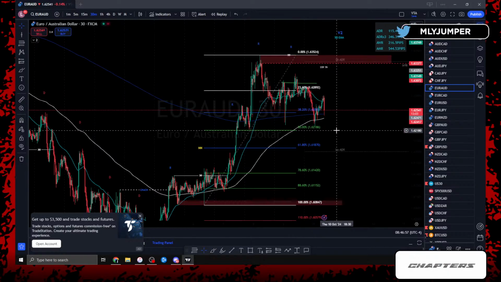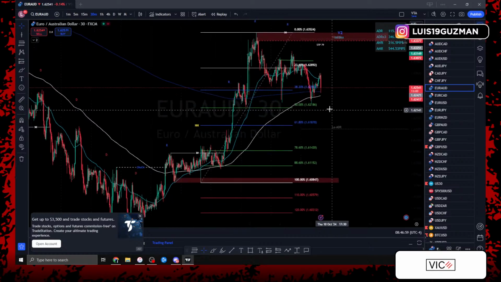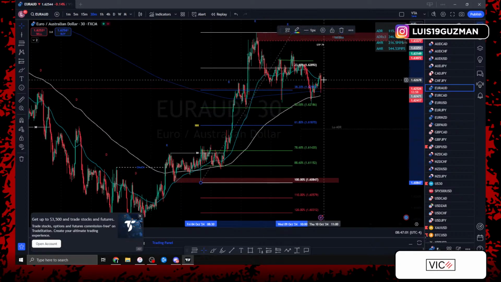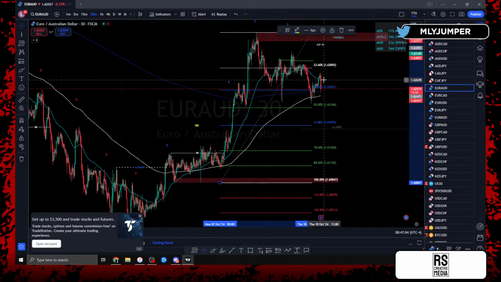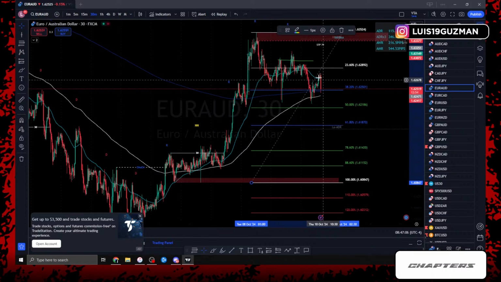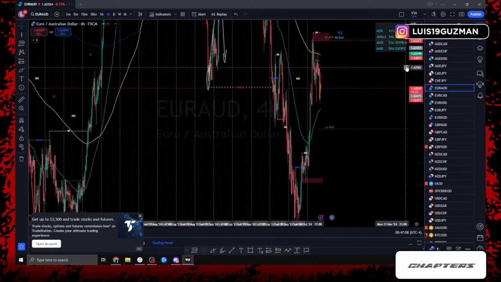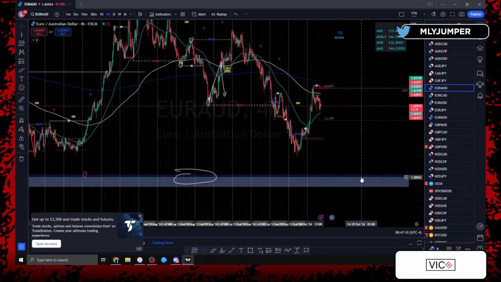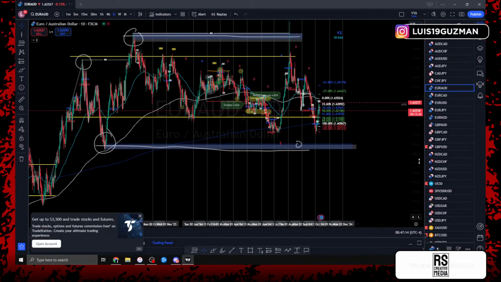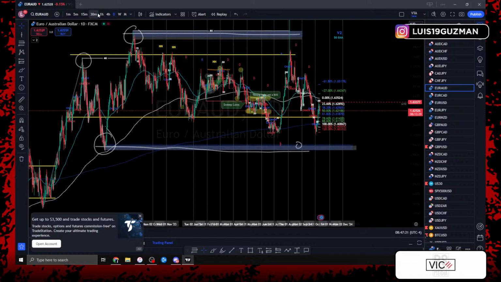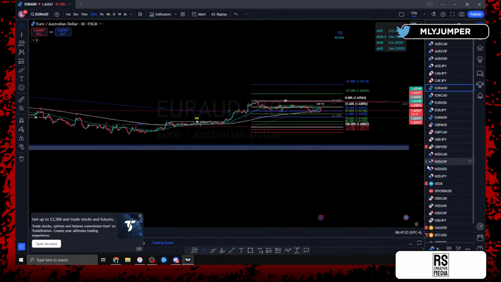So this could be one where I am looking for price to still give me a pullback to continue up. The only thing is, again, the 30-minute is up, but the 4-hour we're in a lower high, right? And the daily time frame we're in a lower high. It's the only thing I don't like about this, right? This is where, again, you separate the charts.